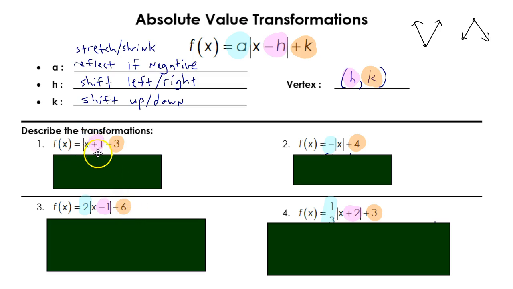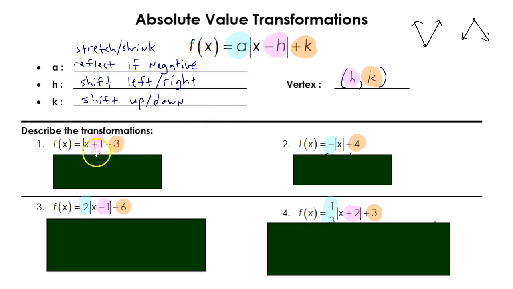The plus 1 here is inside the absolute value symbols, and you will note that like other functions that we've looked at, like quadratics and exponential functions and logarithmic functions, this plus or minus inside the absolute value symbols is going to be the opposite direction of what it looks like, because in the base formula up here, it's minus h, and that minus sign is always going to change the value to the opposite.